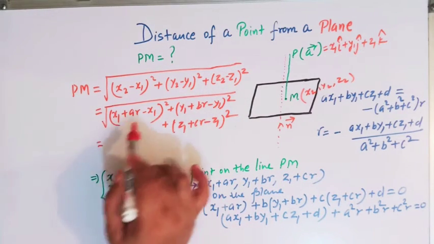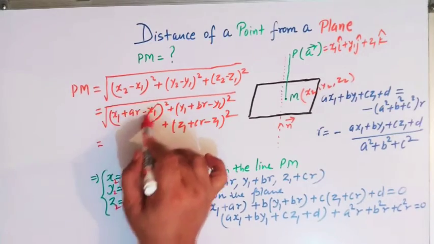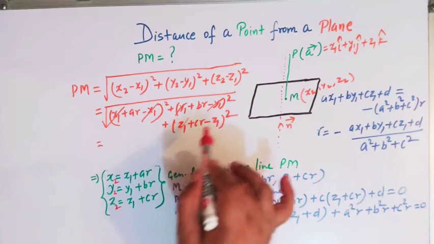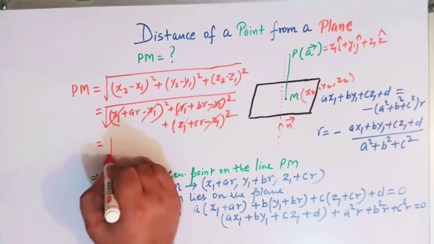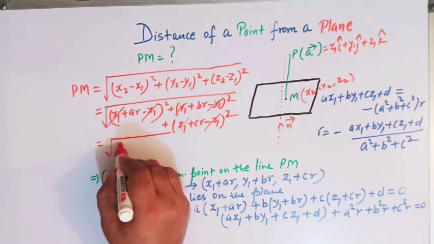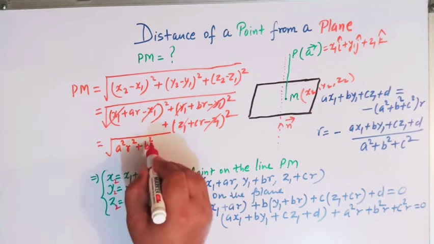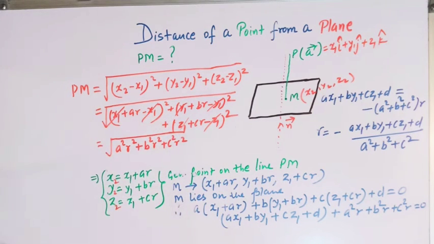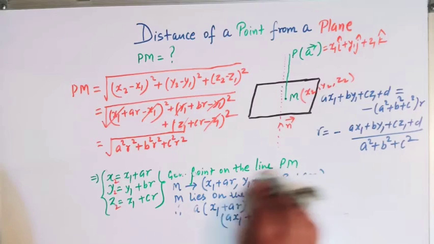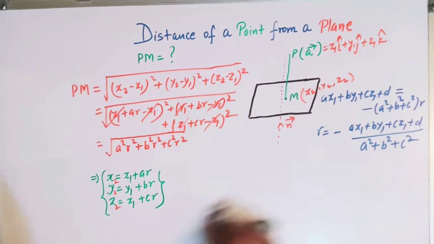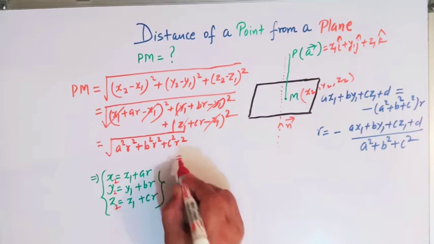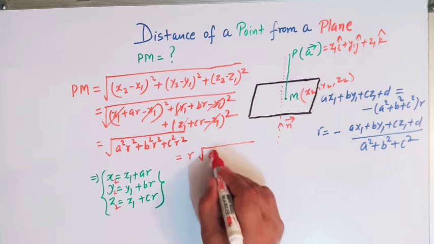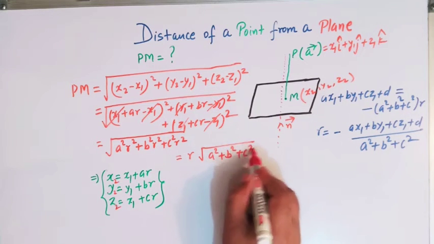So we have the square root of (x1 + ar - x1) square + (y1 + br - y1) square + (z1 + cr - z1) square. Now this can be simplified: x1 and x1 get cancelled, y1 and y1 get cancelled, z1 and z1 get cancelled. So we have the square root of a square r square, b square r square, and c square r square, which equals r times the square root of a square + b square + c square.